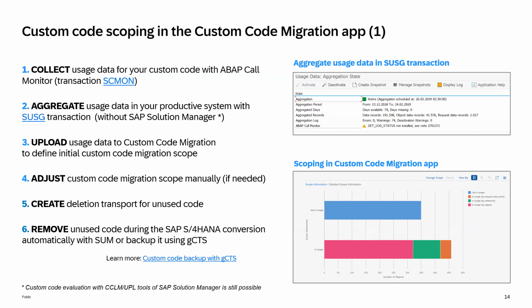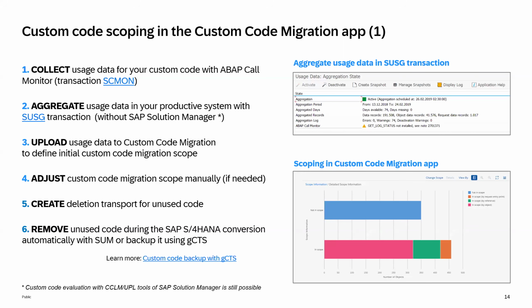Therefore we recommend to keep this deletion transport on the system, convert your existing system to S/4HANA, and after the system conversion, use gCTS to export the unused code from the system, remove it there, and keep the unused code in a so-called external Git repository.